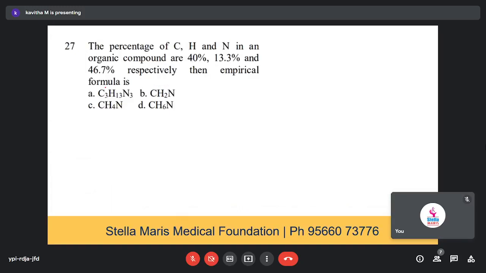Is the next one. This you have to work out. The percentage of carbon, hydrogen, and nitrogen in an organic compound are 40, 13.3, and 46.7 respectively. Then the empirical formula is... how to do this? Tell me the steps alone. I'll give you the answer, you just verify. Any idea?